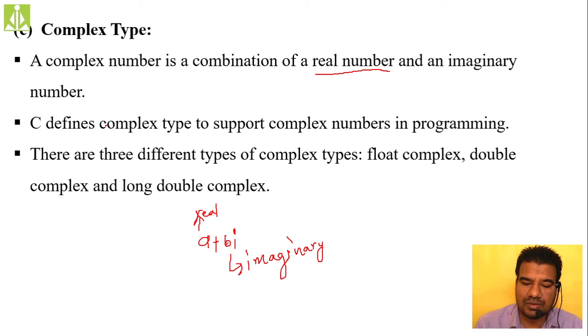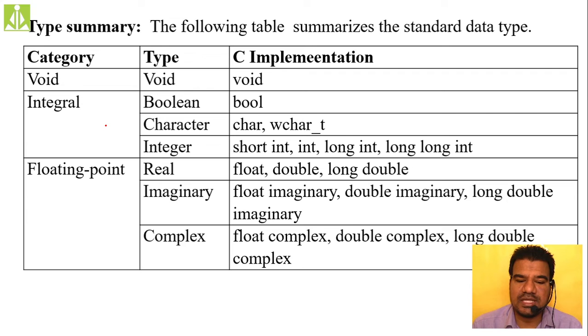Okay. So this is the quick summary of all your data types. Void type: to represent void, we use the keyword void. Void means no values, no operations. Then integral types: we have boolean, character, and integer. To represent boolean, we use the keyword bool.